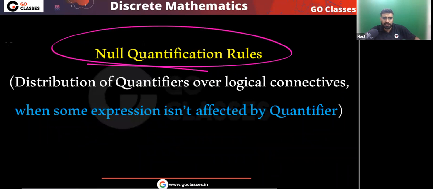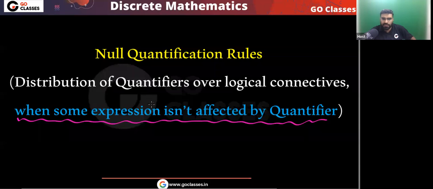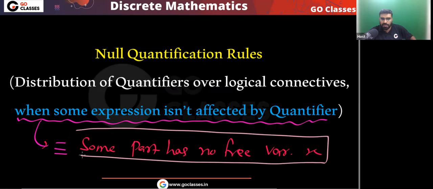Null quantification means some expression isn't affected by the quantifier, and this same statement I can rewrite as some part has no free variable x. Simple. Okay. Now let's move on.